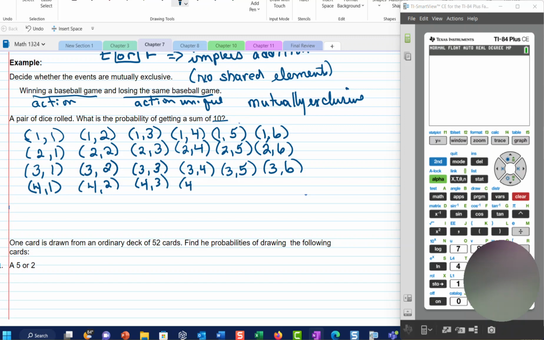And when you build a table, you can see the connectivity of totals and structure, and understand why we get a cardinal number of 36.